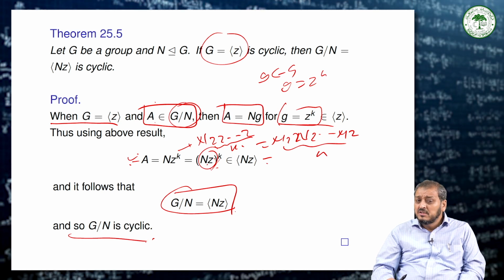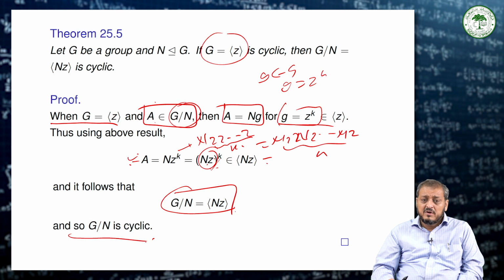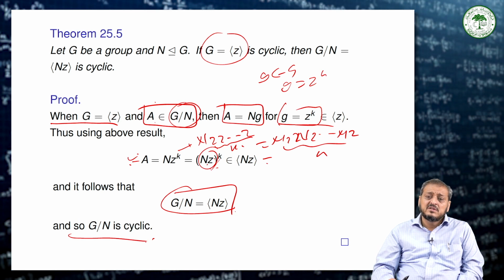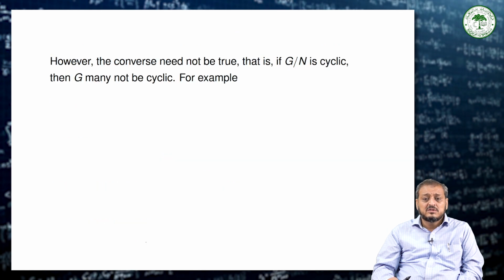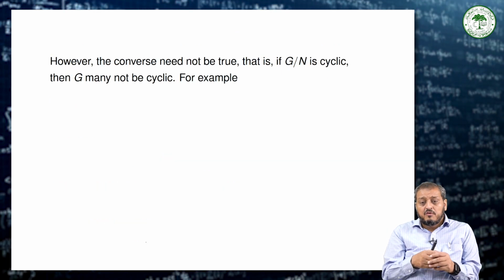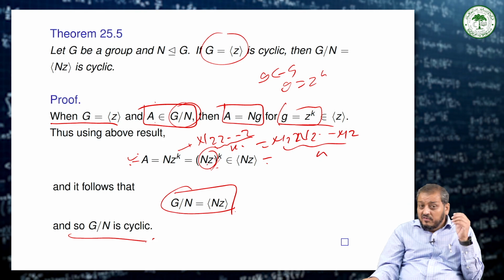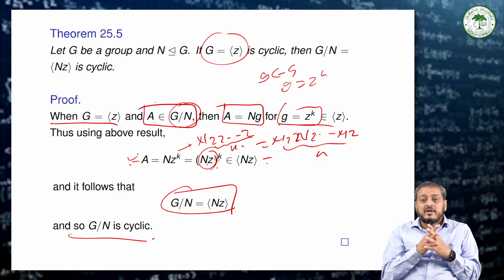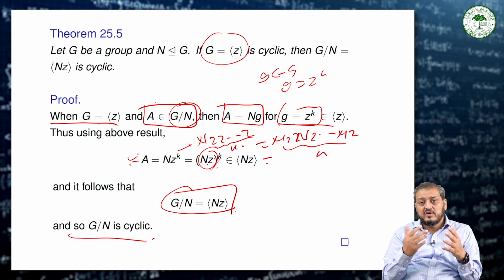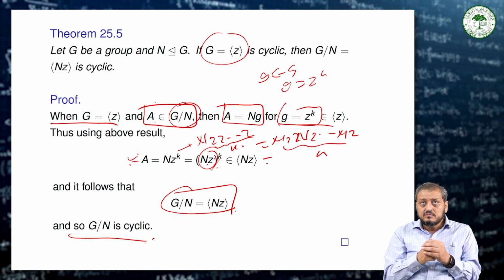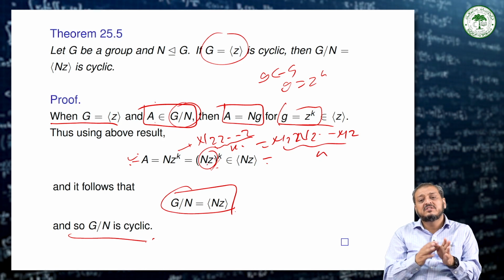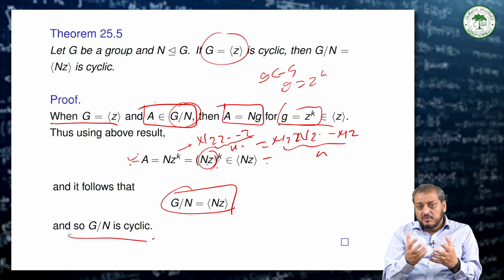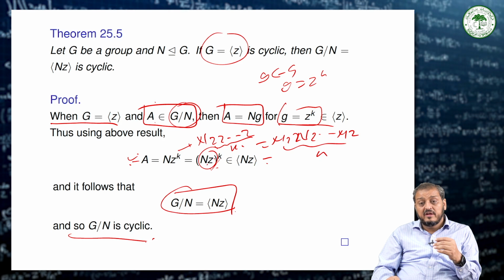Then what about the converse? If G/N is a cyclic group generated by NZ, is it possible that G is also generated by Z and is cyclic?